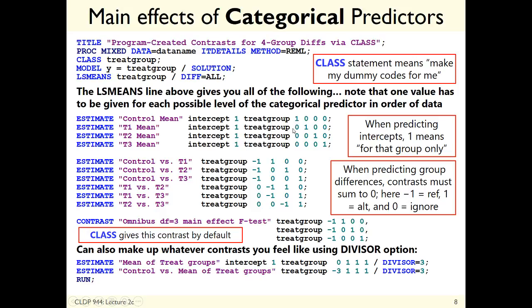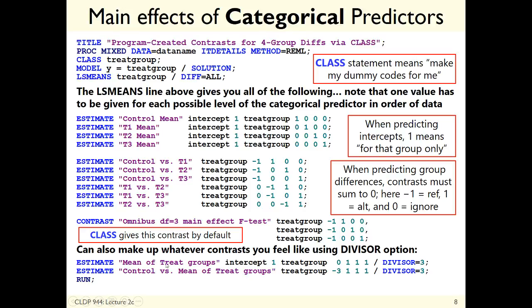If I want to know the difference between groups, like control versus treatment 1, if I take one of these lines and subtract the other, the intercepts cancel, and one of these ones turns into a -1. And that's the logic by which this first statement works. So to get differences between groups, one of them is a minus, one of them is a plus. They have to sum to 0. Any group that is coded 0 is disregarded from the contrast.